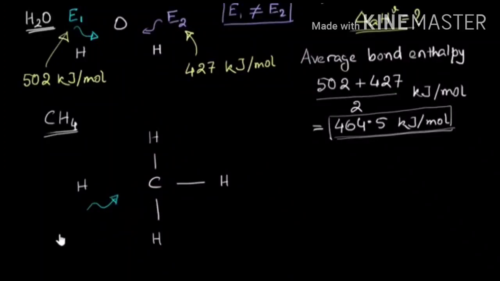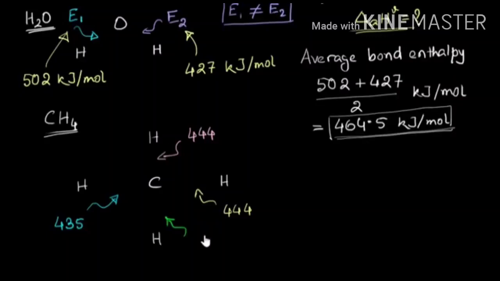The first carbon hydrogen bond energy is 435 kilojoule per mole, and to break the second carbon hydrogen bond, it is 444 kilojoule per mole, and it is also the same for breaking the third bond, 444 kilojoule per mole.